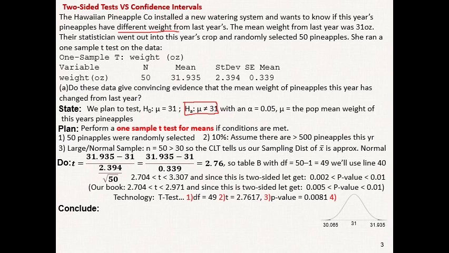So if you're doing this by hand, we're going to get a t statistic of 2.76. Then we have our degrees of freedom of 49, but of course we don't have 49 in our table, so we have to use line 40. And we see that the t statistic, 2.76, is between these 2 values.